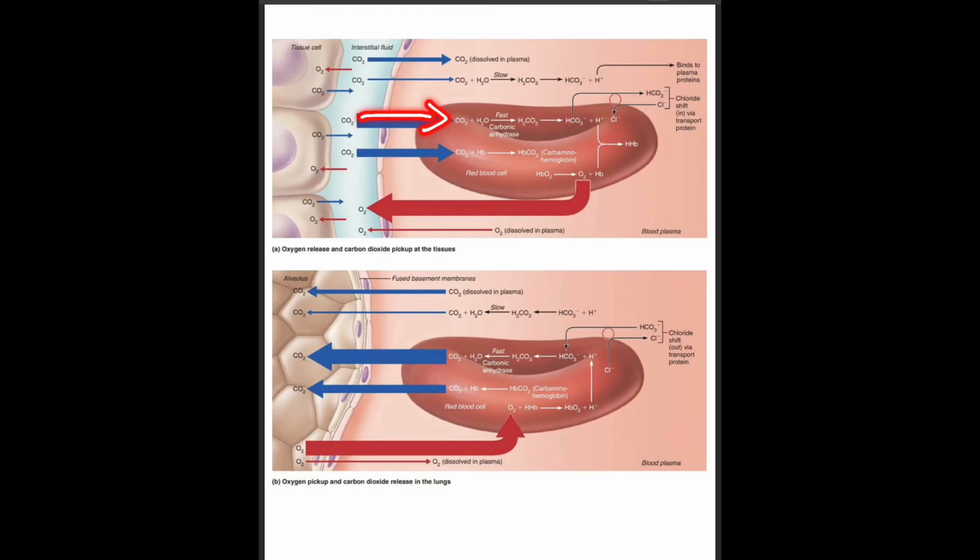So this carbon dioxide combines with the water inside the RBC. With the help of carbonic anhydrase enzyme, it will form carbonic acid, H2CO3. Then this H2CO3 is converted into bicarbonate, that is HCO3 minus, and hydrogen ion with the same carbonic anhydrase enzyme. This carbonic anhydrase enzyme is present only inside the RBCs.